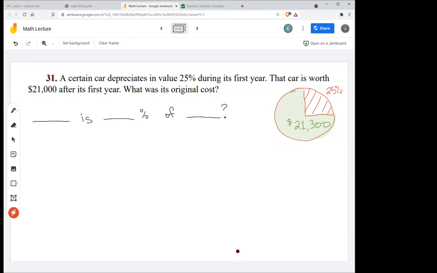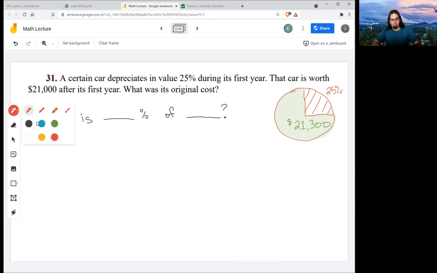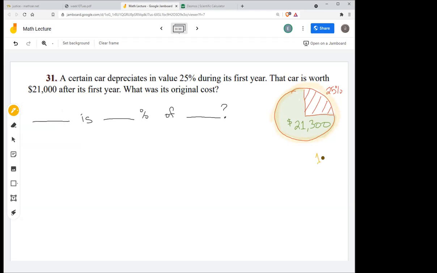The percent of the green? It is. So I know this whole pie must be some dollar amount, but I don't know what that is. I also know that that whole pie is 100%. That I do know.